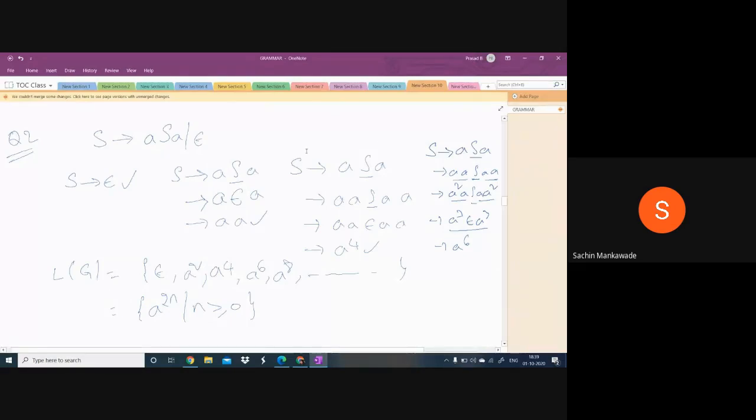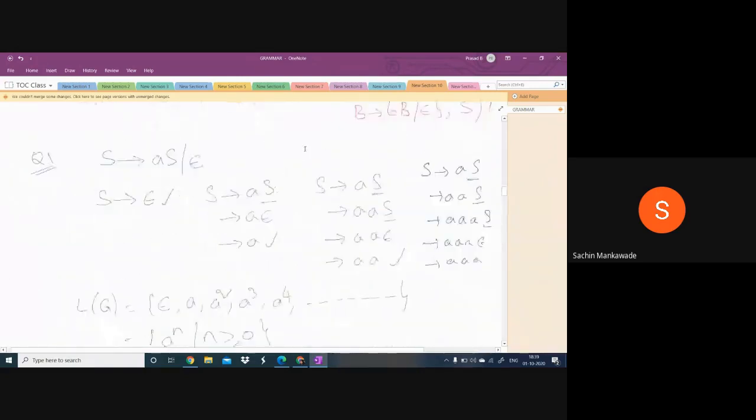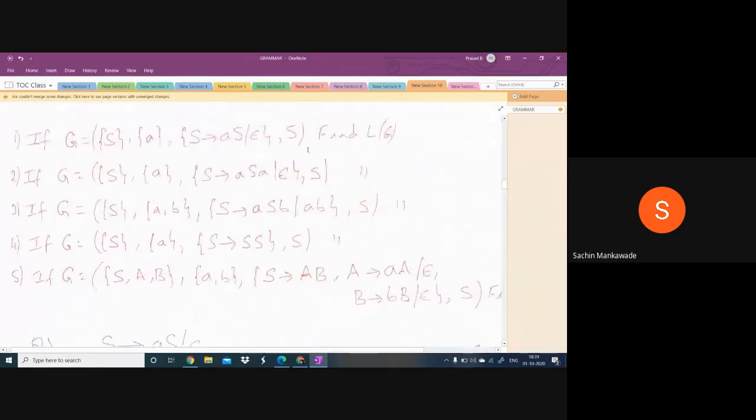Next, third one answer. A, AB whole to the power n such that n is greater than or equal to 1.